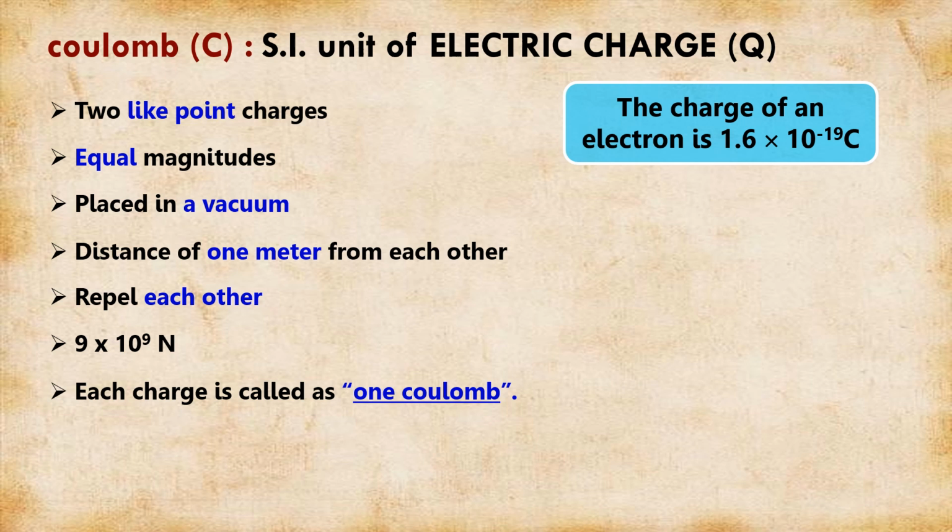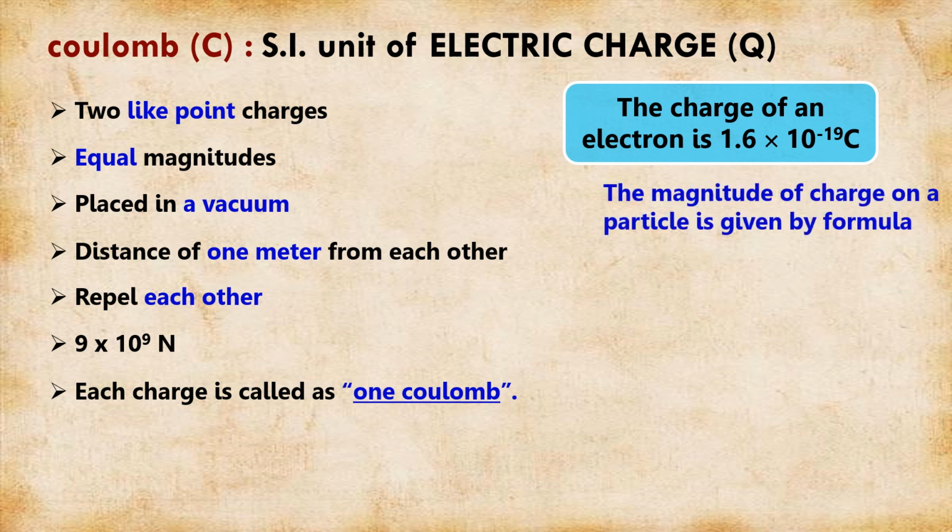The charge of an electron is 1.6 into 10 to the power minus 19 coulomb. The magnitude of charge on a particle is given by the formula Q is equal to NE. Therefore, N is equal to Q by E. Therefore, N is equal to 1 coulomb divided by the charge of an electron, 1.6 into 10 to the power minus 19.